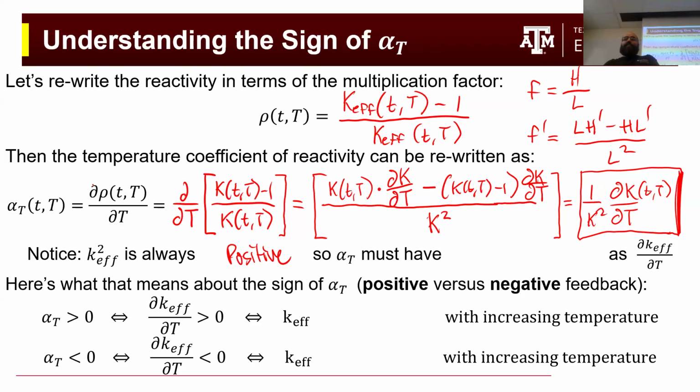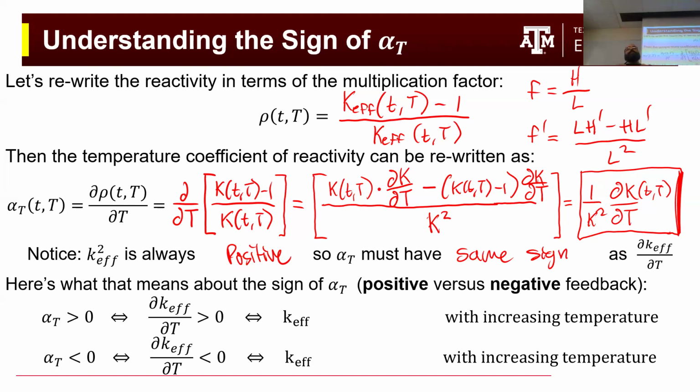Does alpha T have to have the same sign as the derivative of k or a different sign? Same sign, right? It has to have the same sign as the derivative of k with respect to temperature.